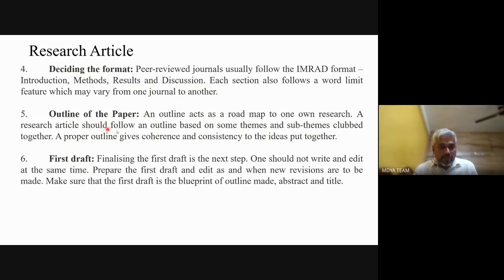When you have completed your outline of the paper, the next thing is the first draft. Finalizing the first draft is the next step. One should not write and edit at the same time. Prepare the first draft and edit as and when new revisions are to be made. Make sure that the first draft is the blueprint of the outline, abstract and title made. So when you have decided your title, abstract, and outline, and have given the details of your outline, your draft is ready.